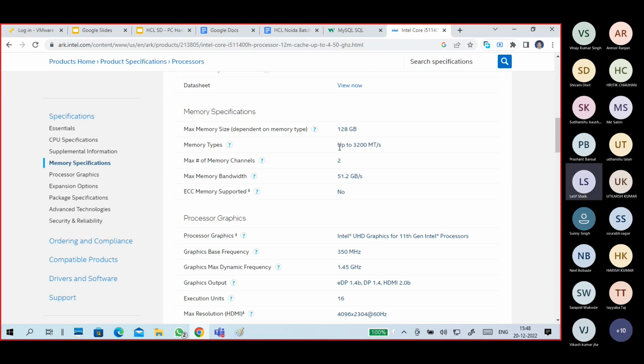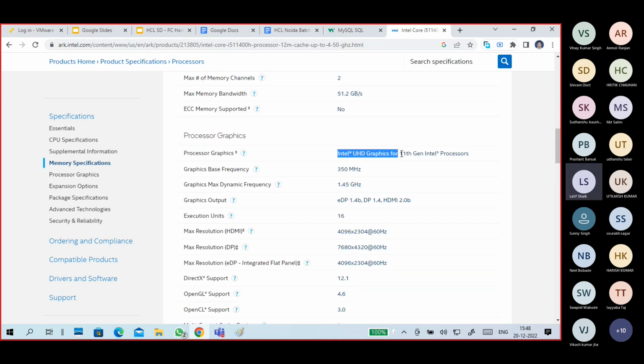Next is the front side bus. If you have a processor and want to buy RAM, you have to buy RAM with these specifications: 3200 megahertz clock speed RAM only is suitable, like DDR4.